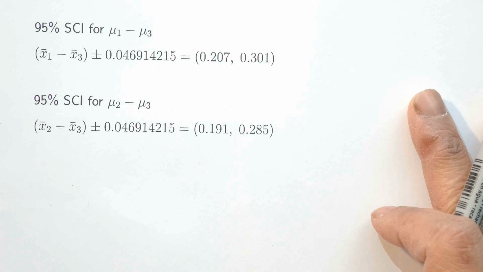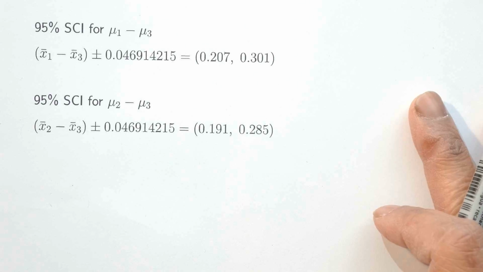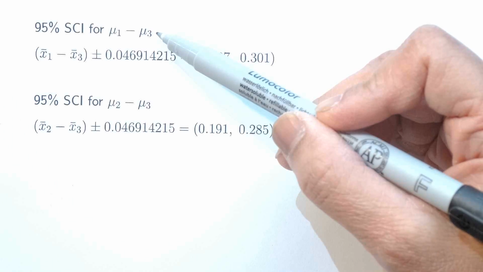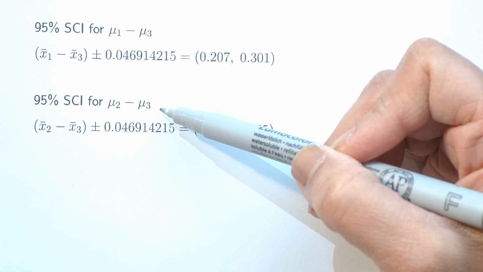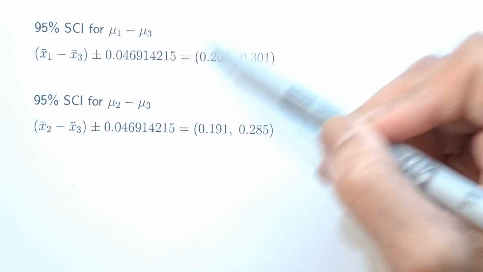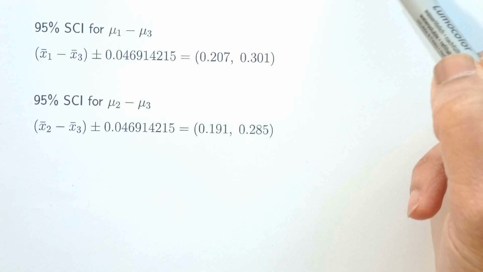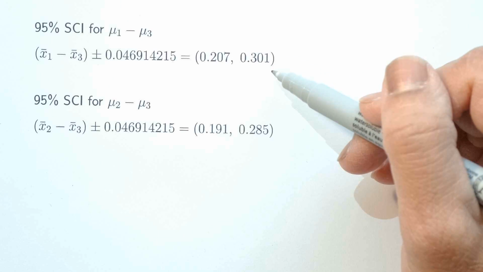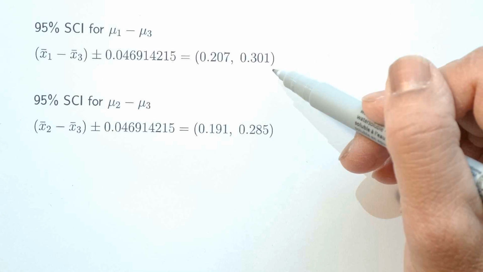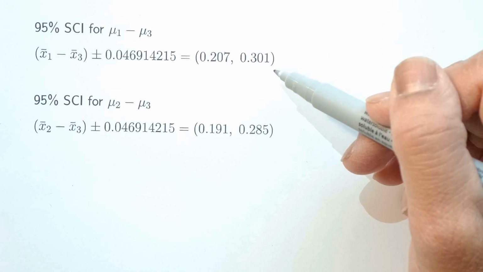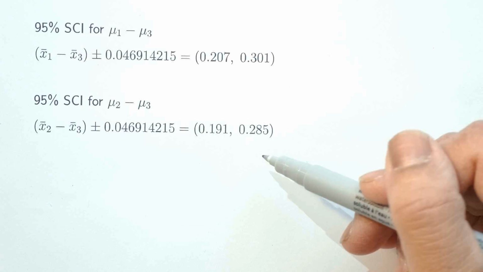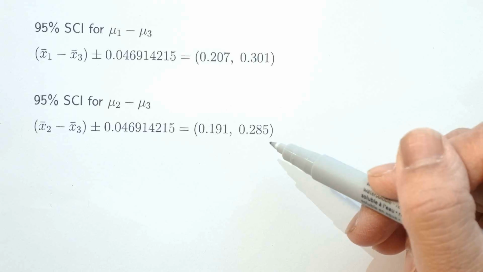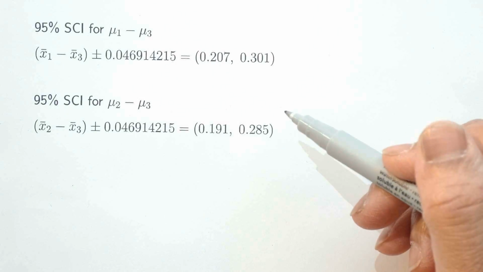For the other two pairwise comparisons, we have mu1 minus mu3 and mu2 minus mu3. The margin of error is going to be the same in both because our standard errors are the same. And so we get 0.207 to 0.301, or 0.191 to 0.285. There are a couple of things we can comment on here.